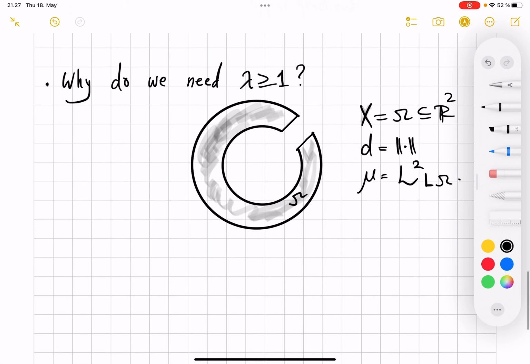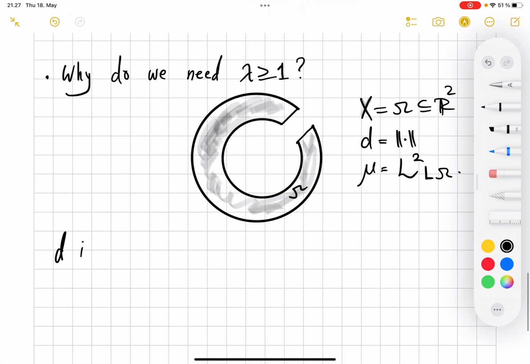quasi-convex. So maybe let's write this down. It's not geodesic, as I showed, the shortest curve doesn't always exist, but you can find a path with reasonable length compared to the distance of the points. So the worst you have against the quasi-convexity is that these are pretty close.